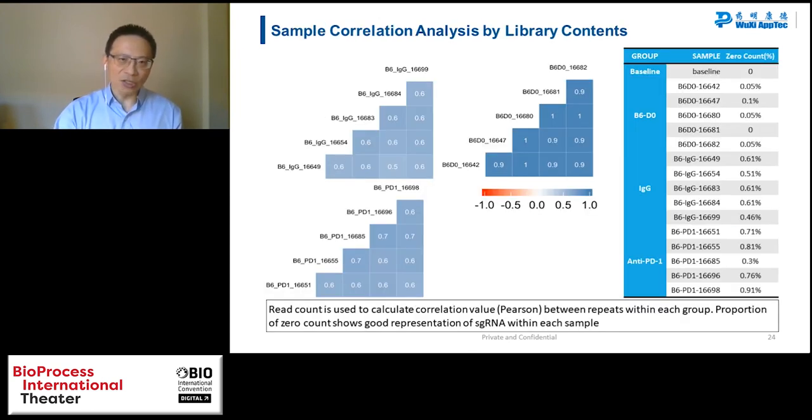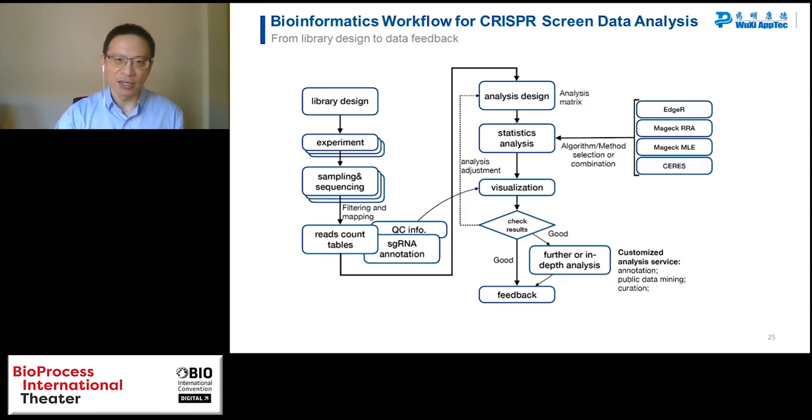We use read counts to correlate all the samples and exclude outliers from final analysis. We also use the percentage of zero counts in all the samples to demonstrate good representation of the guides in the samples we're going to analyze in the end.